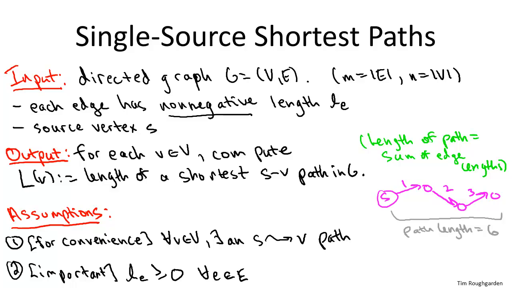But again, remember that paths can be thought of more abstractly as just a sequence of decisions, and some of the most powerful applications of shortest paths are coming up with optimal ways to make such sequences of decisions. So, for example, maybe you're engaging in financial transactions and you have the option of both buying and selling assets at different times. If you sell, then you get some kind of profit, and that would correspond to a negative edge length.